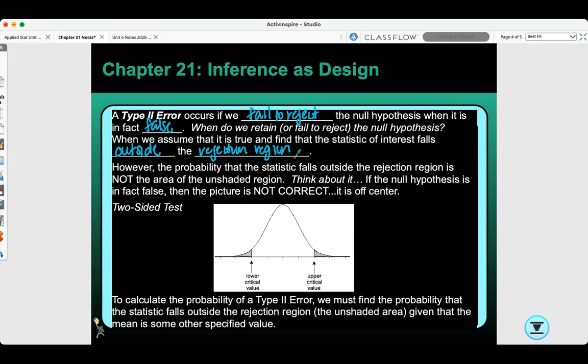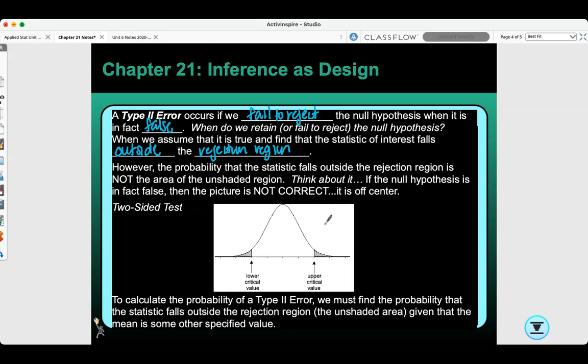However, the probability that the statistic falls outside the rejection region is not the area of the unshaded region. Think about it. If the null hypothesis is in fact false, then the picture is not correct. It is off-center.